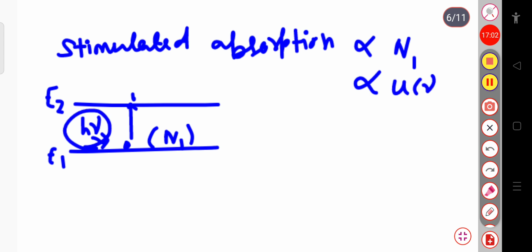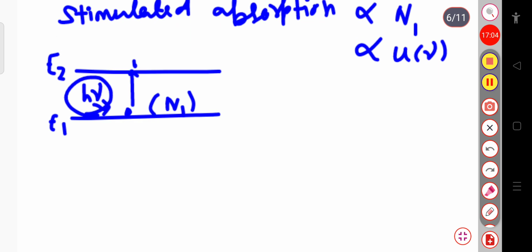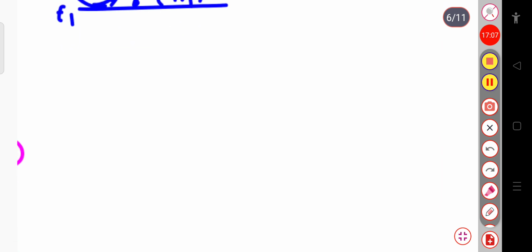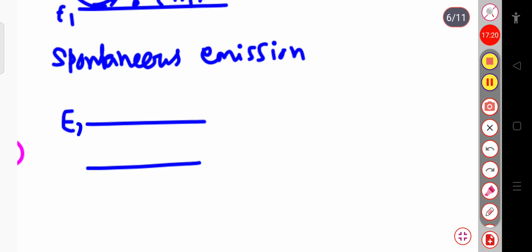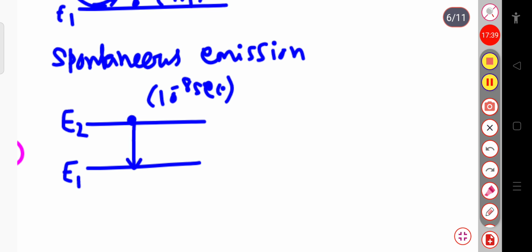Okay. Now in case of the spontaneous emission, the atom is already present in the excited state; E2 is the excited state and E1 is the ground state. The atom present in the excited state has a lifetime of 10 power minus 8 seconds, so it cannot stay for a longer time in this state. So it will spontaneously come to the E1 state by radiating an amount of energy, that is h nu.